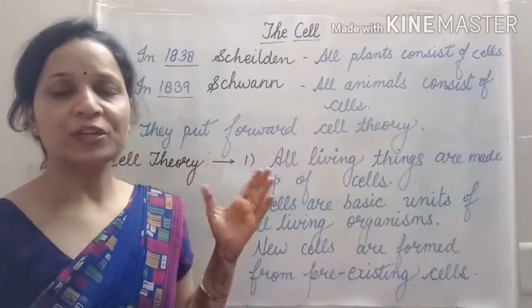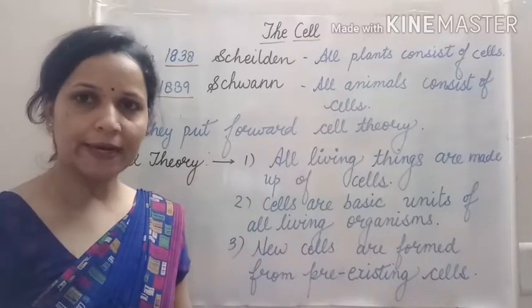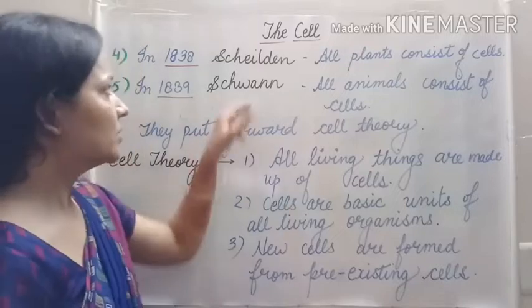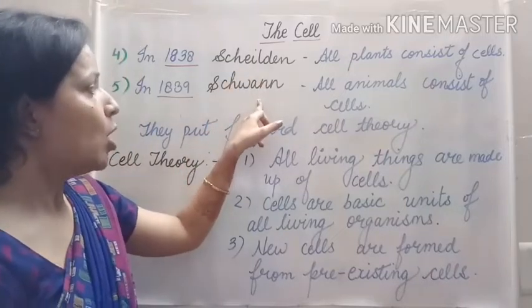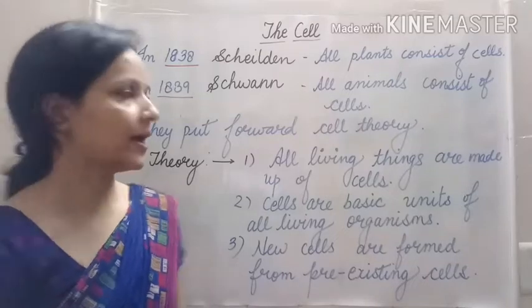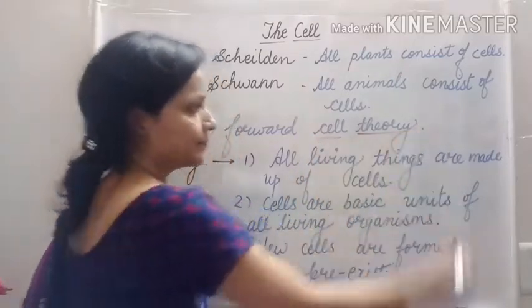So later, between 1838 and 1839, two German biologists, Schleiden and Schwann, put forward a theory, and that theory is known as cell theory.